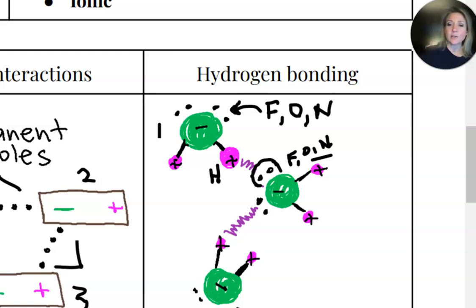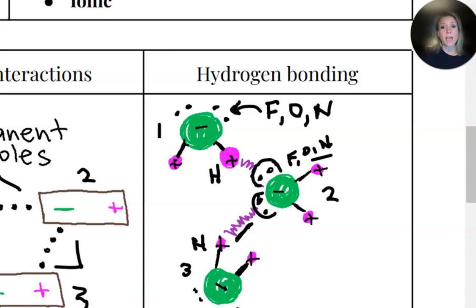That is representing that attraction between the hydrogen here on molecule number 3, my little pink atom, and the unshared electron pair on molecule number 2. So for hydrogen bonding to occur, you need a hydrogen, but the hydrogen has to be attached to a fluorine atom, an oxygen atom, or a nitrogen atom.